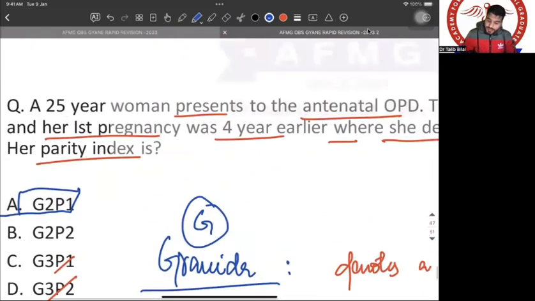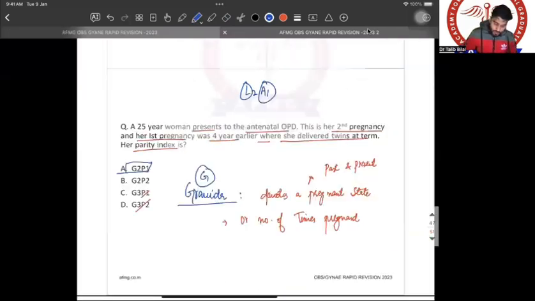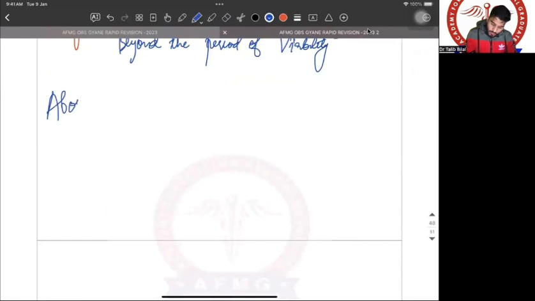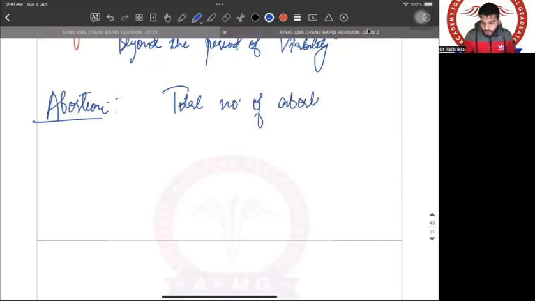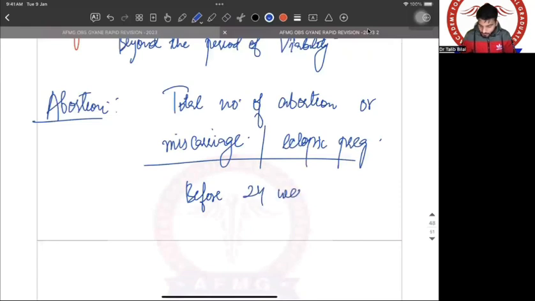Then sometimes you will see, guys, it's also mentioned live 2, abortion 1. L is live, how many children are live currently. Abortion is how many times she had an abortion. Okay. So for abortion, if she's giving the history of abortion, it is the total number of abortions or miscarriages, or ectopic pregnancy, before 24 weeks.